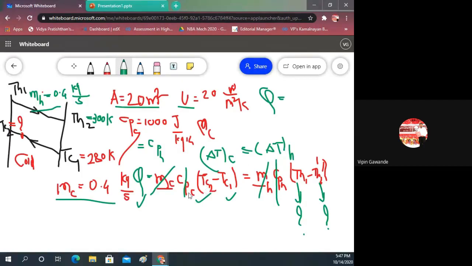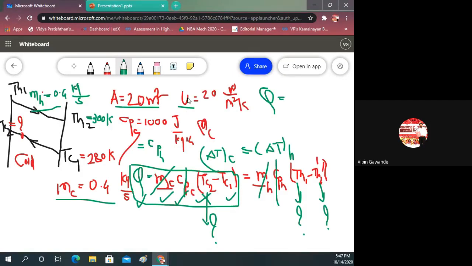Only one unknown is there if I know this Q, because using the energy balance equation alone I can't calculate Tc2, as there are two unknowns, Th1 and Th2. So the second thing is the calculation of Q. If I calculate Q and use this formula, I can calculate the value of Tc2. So how to calculate this Q now?